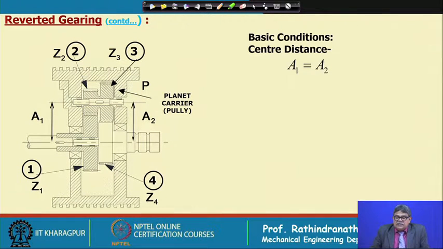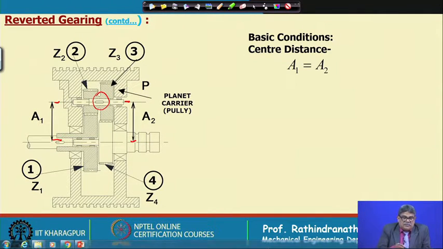Now, the basic condition is that the center distance from here to here and here to here must be equal, as the planets are integral, on the same shaft, and input and output are coaxial.